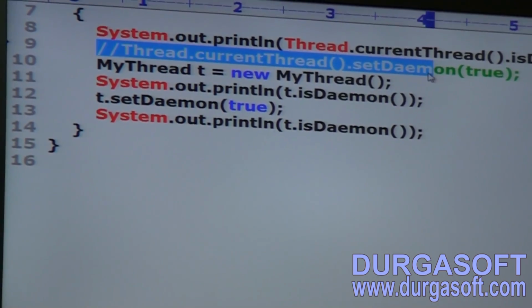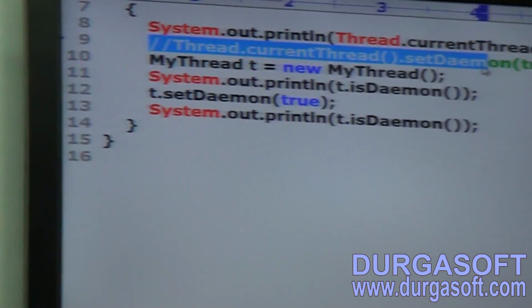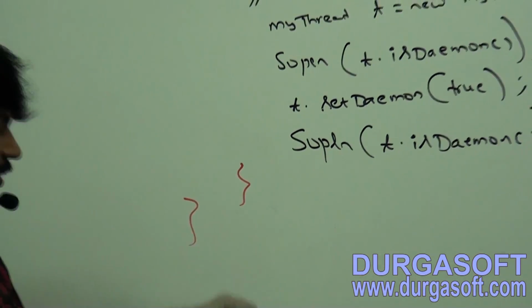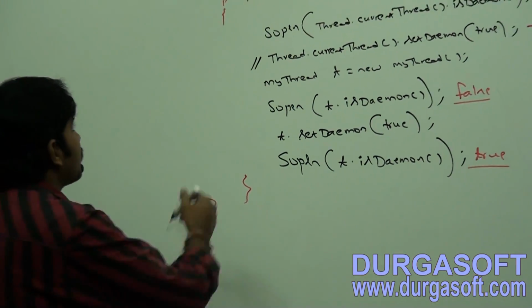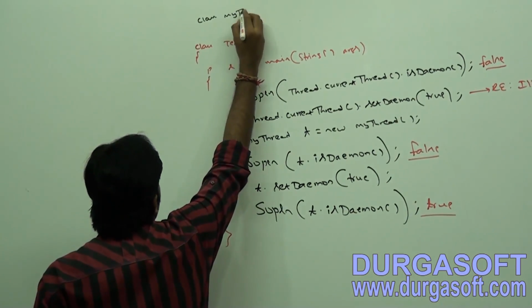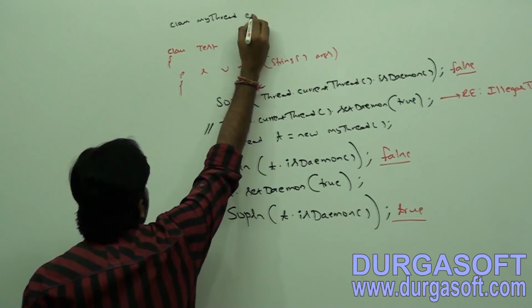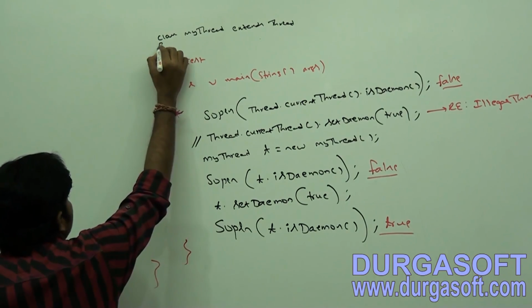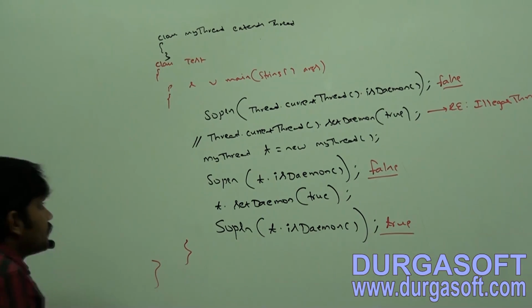Ready? Okay, at this point, take this example anyway. Only one class is missing. What is that class? Class MyThread extends Thread, curly braces open and close.